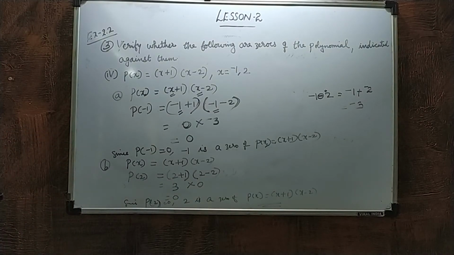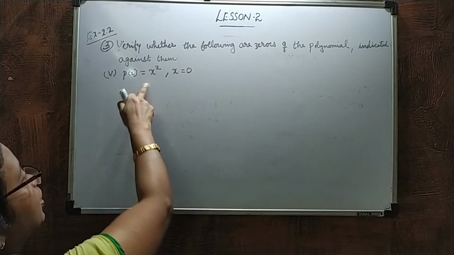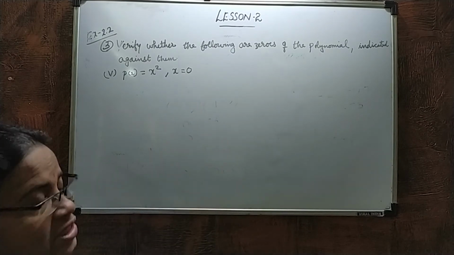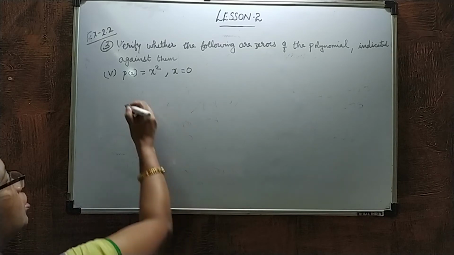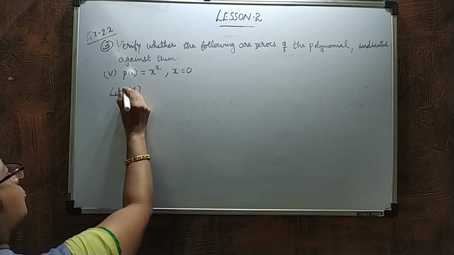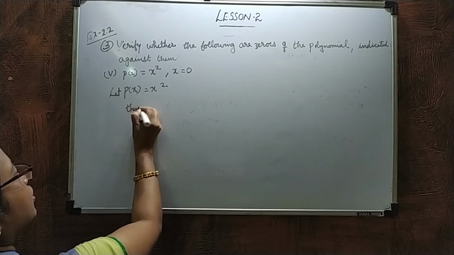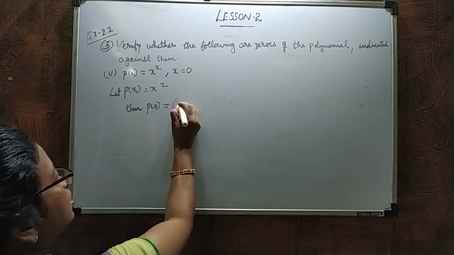So this is the fourth question. Now the next, fifth question. P of x is given as x square and you have to give the value for x as 0. So just substitute, very easy. Let P of x is equal to x square, then P of 0 equals 0 square.